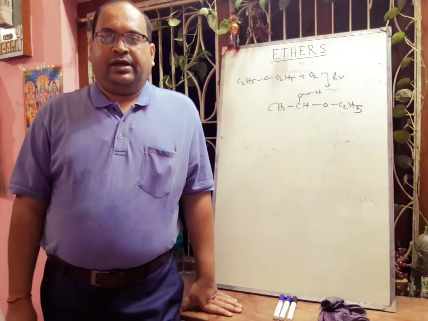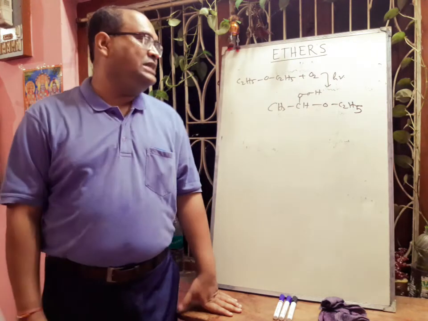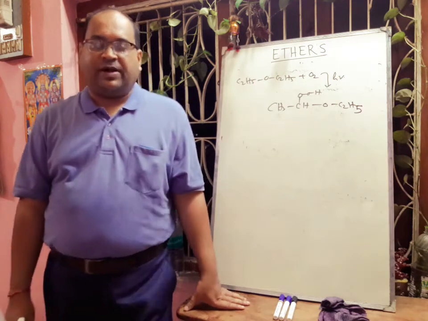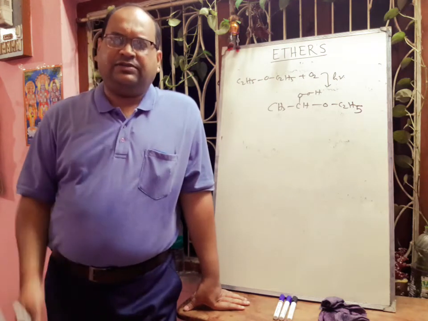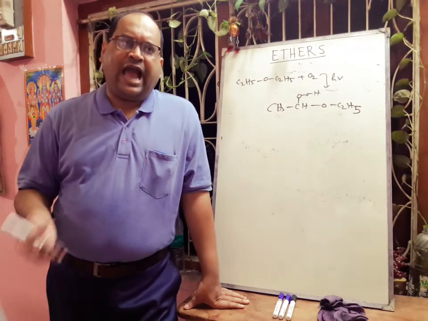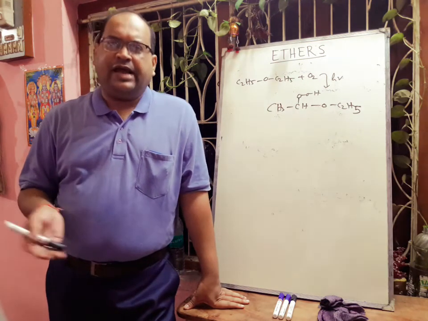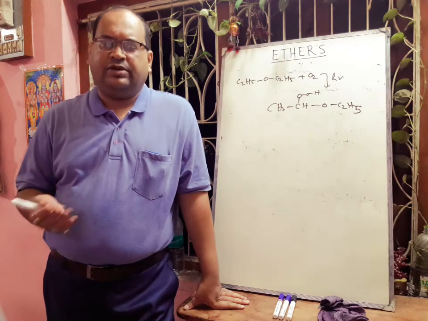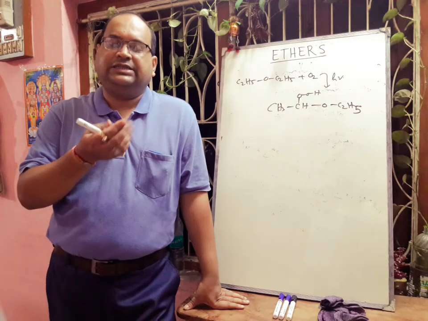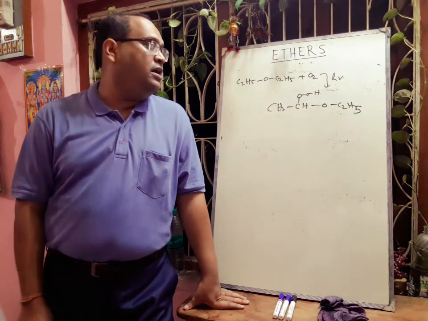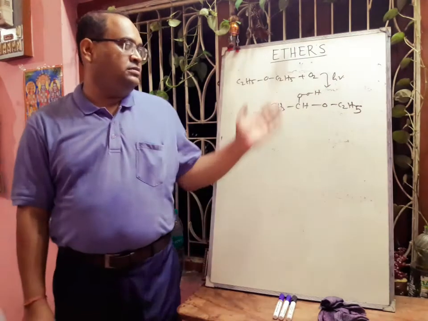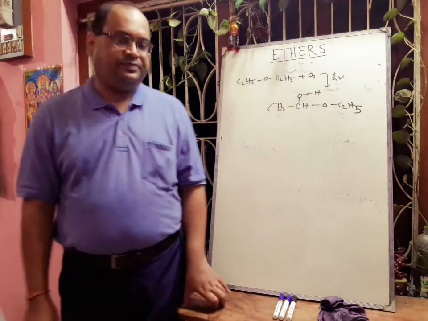Okay. Next, how to understand that there is peroxide? There are different types of tests. If we add some ferrous salt, it will be converted into ferric. Then if we add ammonium thiocyanate, then it will show red coloration. From here we can easily understand that there is formation of peroxide in ether.